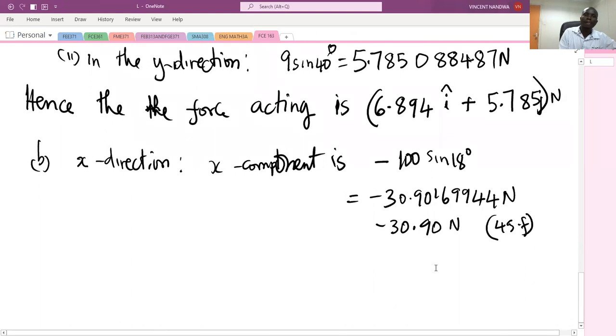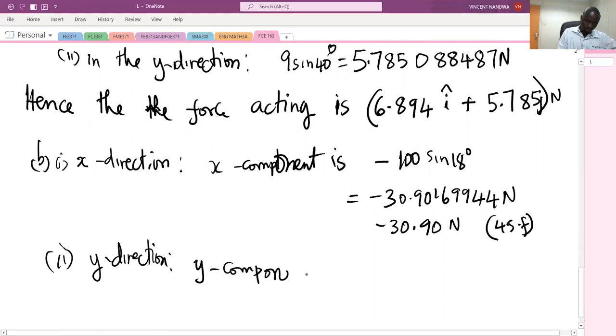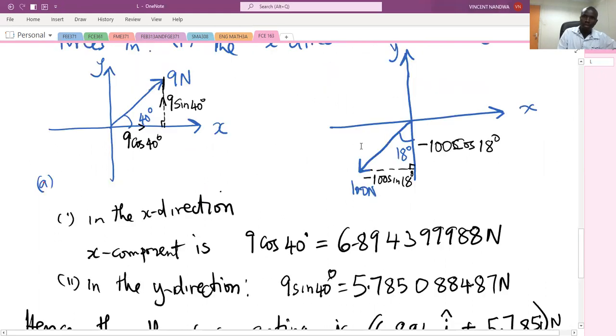And then the y component. This is the direction of y, and this was the direction of x.